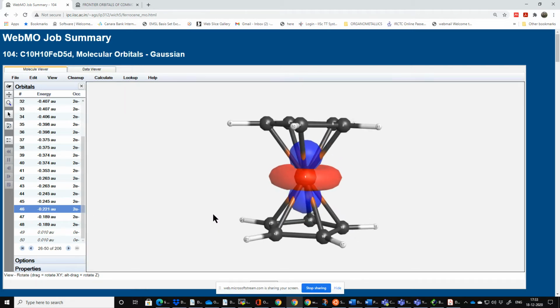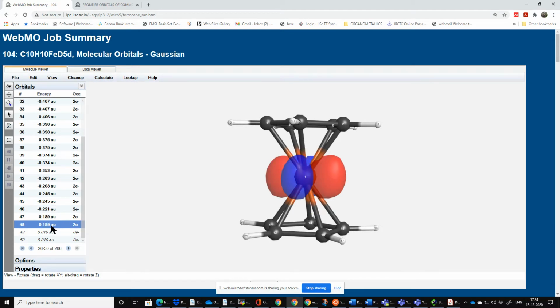This calculation is from a density functional study, and it makes the A1G orbital, the dz squared orbital, the HOMO minus 2. The HOMO itself is a degenerate set of orbitals which are dx squared minus y squared and dxy. You can see that the two orbitals are degenerate, and are in the plane which is parallel to the Cp rings.